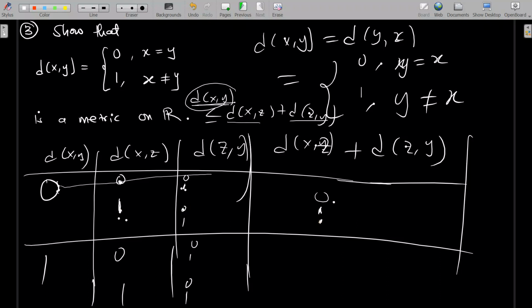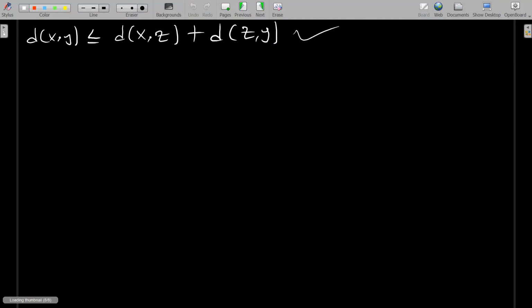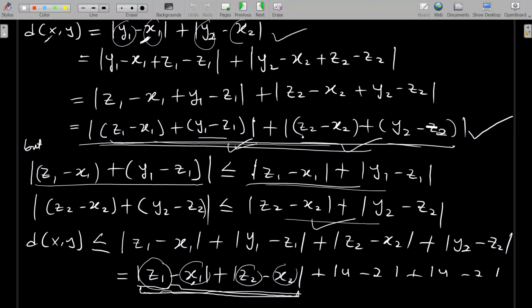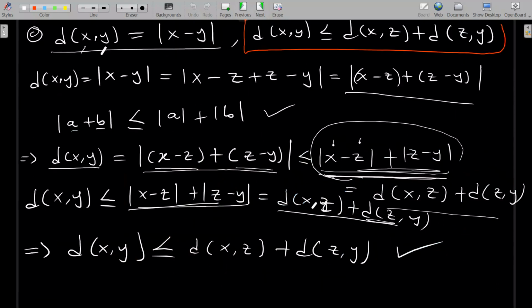Okay, and if this is 0 and this is 1 and this is maybe 1, you have 2. So you can be checking up those things, and indeed whichever way you go or whatever you do, you still have the condition hold. Okay, so that is it, and it proves that indeed we have a metric space.